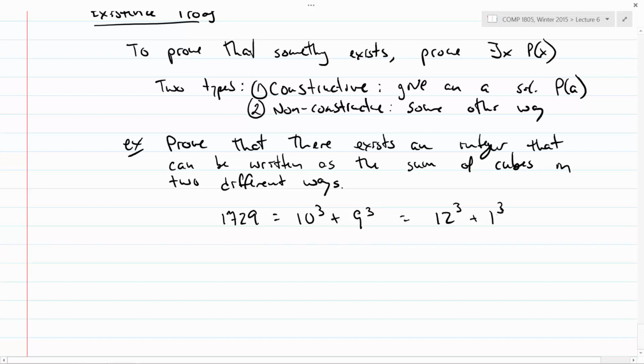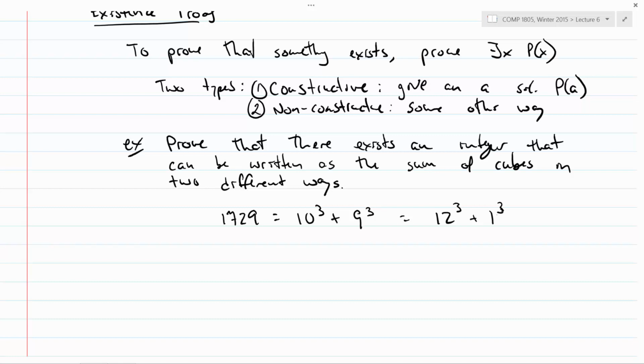That's not a proof, that's a guess. You also have to show that it satisfies the property you want it to. And I did it here by showing you it's 10 cubed plus 9 cubed, and it's also 12 cubed plus 1 cubed. And I'm pretty sure that's the smallest number that has that property. It's constructive because I know what the number is, and it's a proof because I showed you that it satisfies those properties.